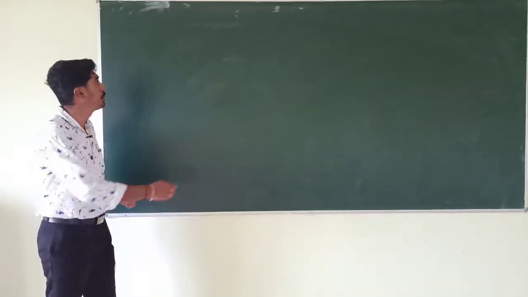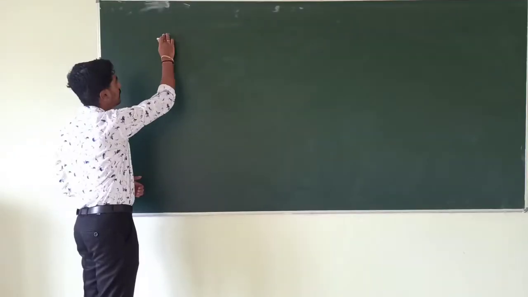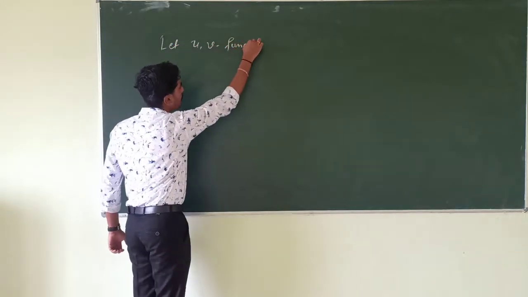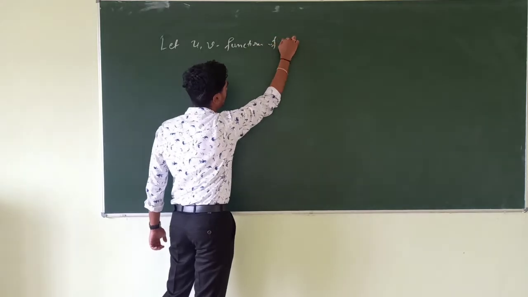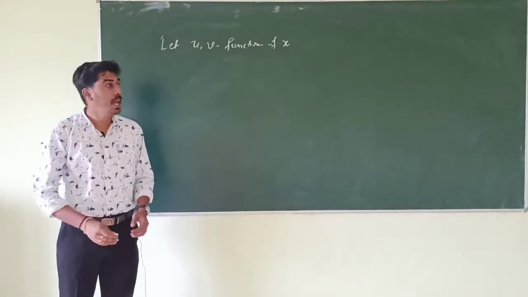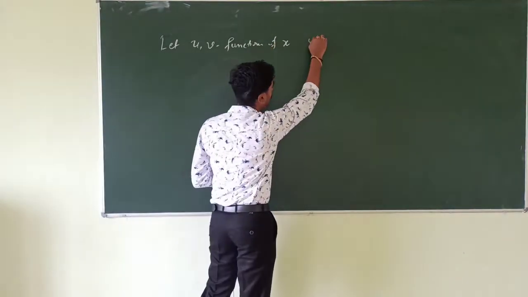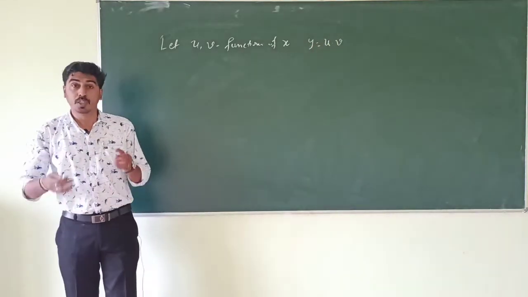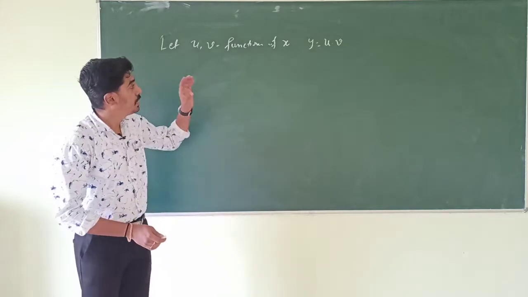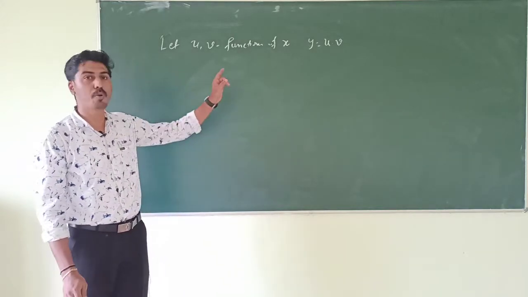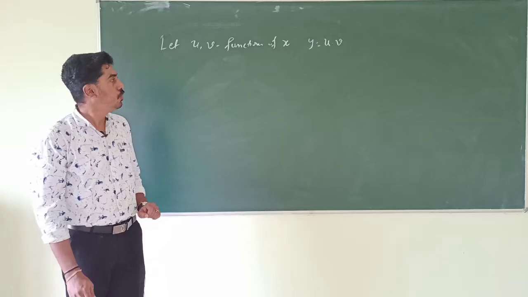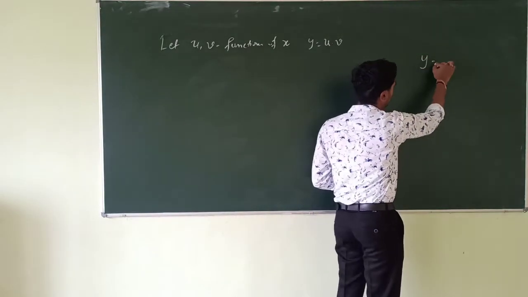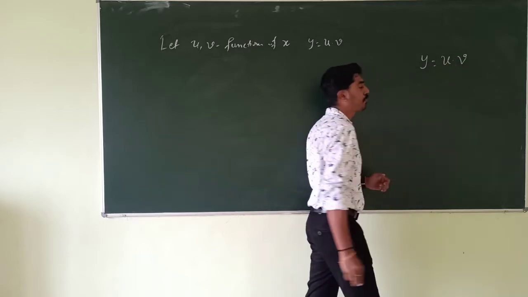First, let u and v be functions of x, and y be equal to u into v. Now we need to find the nth derivative of this product. For that, first I start with y equal to uv.